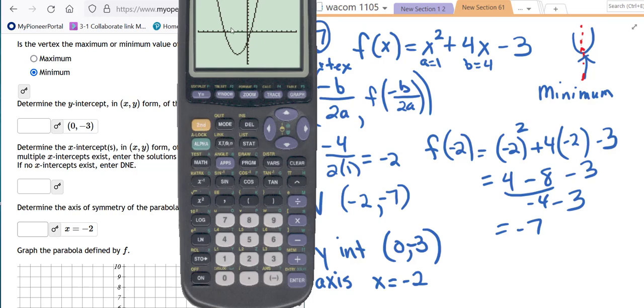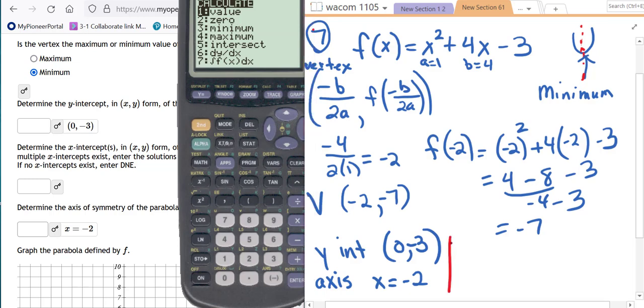Because we don't have a good guess to plug in. Before, we had an integer value and we did second calc value and verified. So what we have to do here, because it's not on an integer, and this one is not either, we will do second calc. And these are called zeros. So your x-intercepts are called zeros.